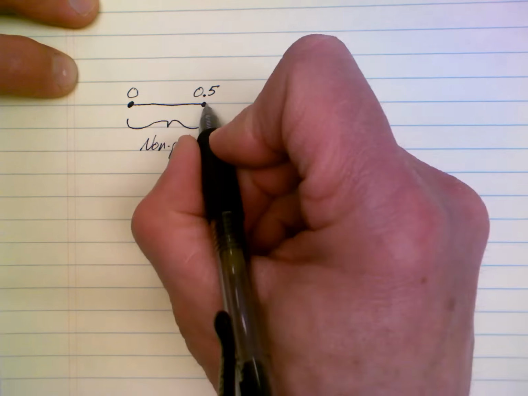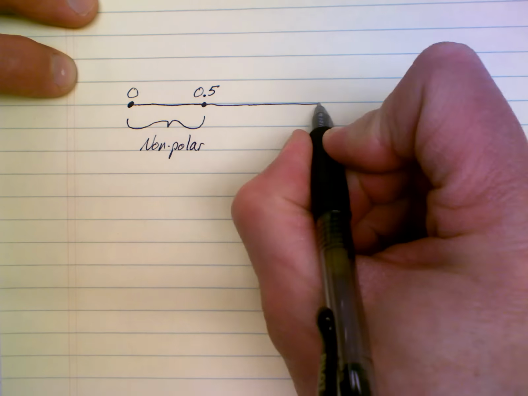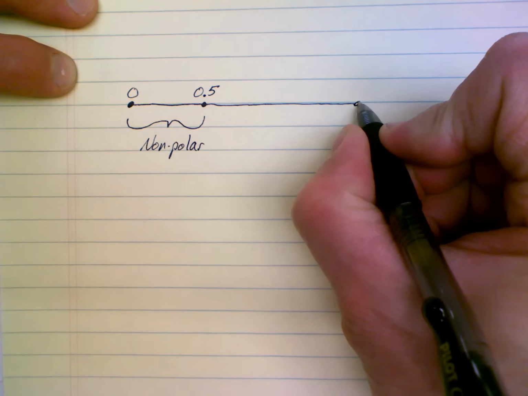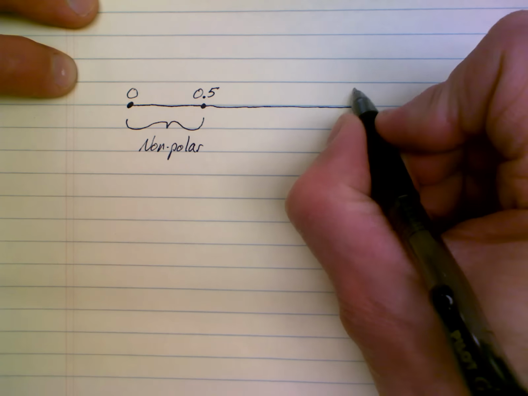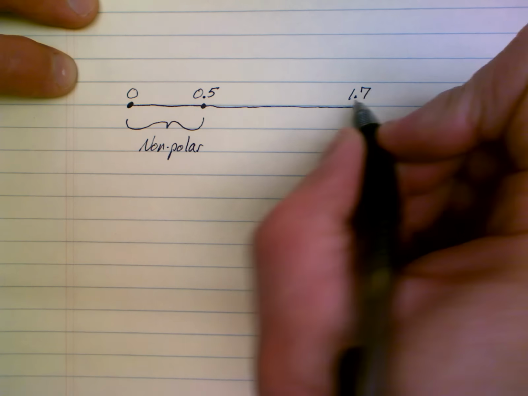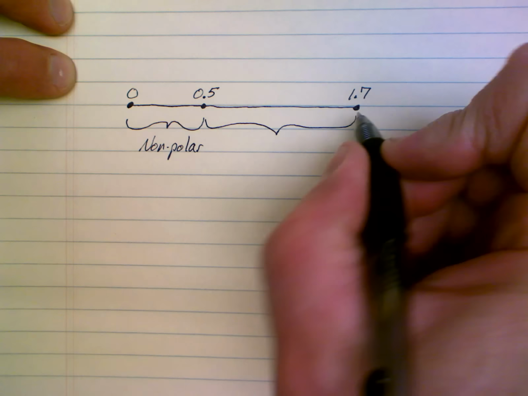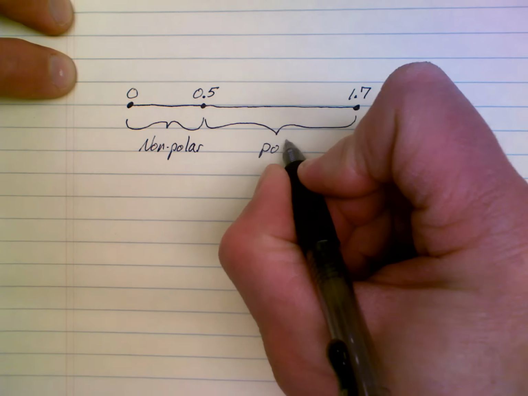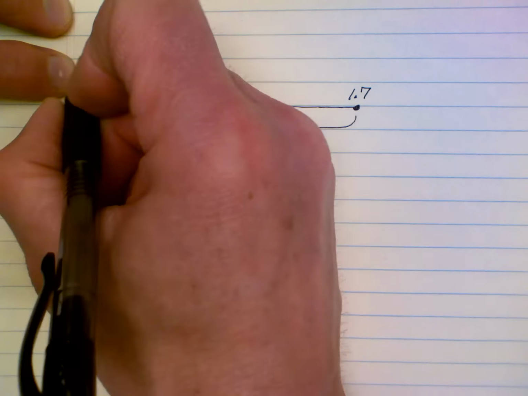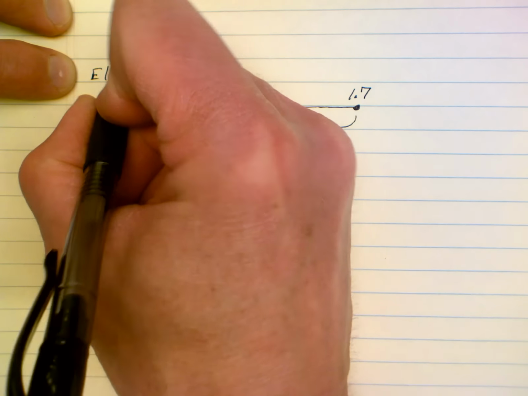If it exceeds 0.5 all the way to 1.7, then we say this is going to be a polar bond. So again, this is the electronegativity difference.